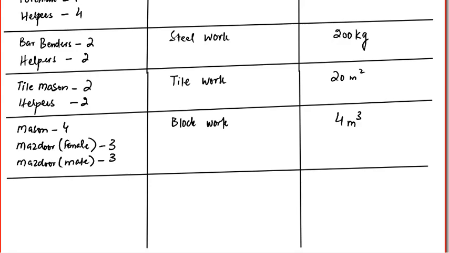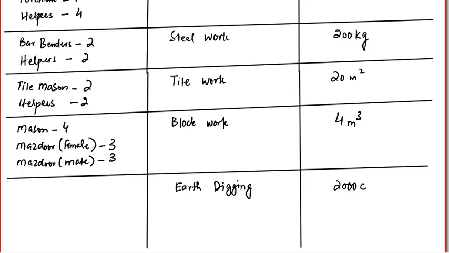And the last activity which we will discuss in this video for calculating the manpower will be earth digging. If you are doing an activity of earth digging and let's say the quantity is 2000, what will be the unit of earthwork?